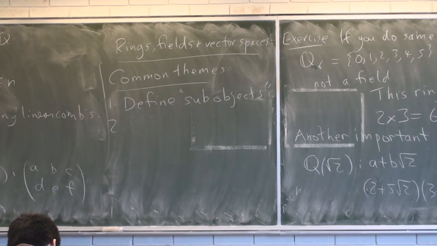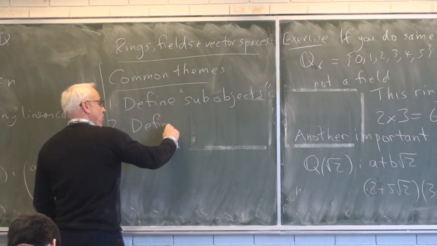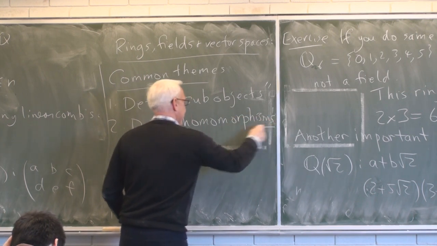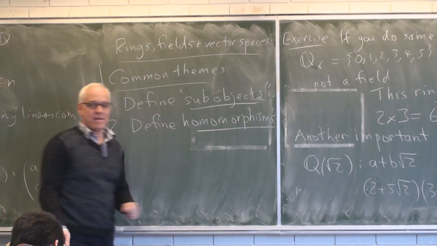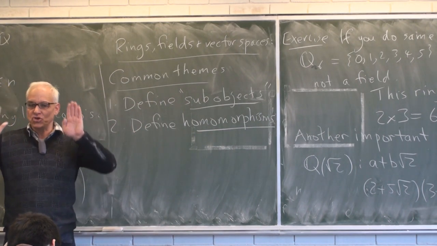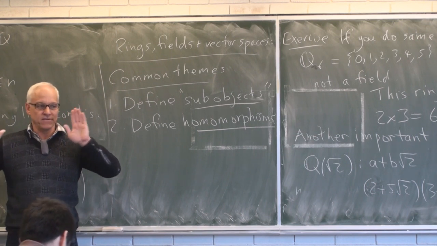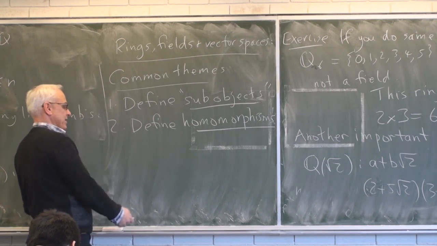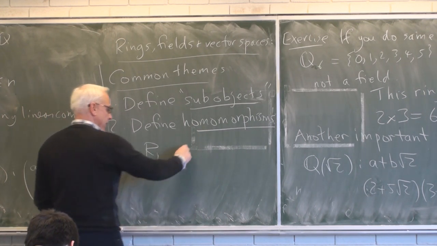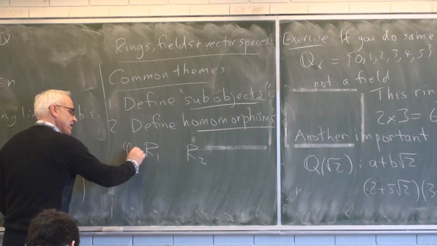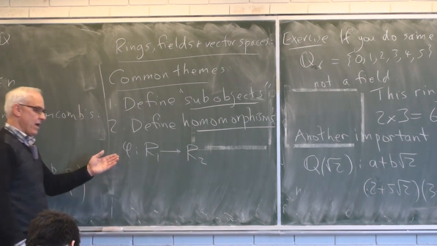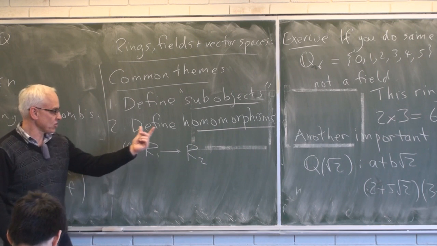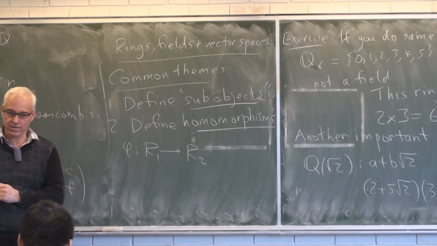Another very important thing that one has to do is define homomorphisms. So a homomorphism is a way of relating two objects of the same category, of the same kind. All right, so if you have two rings, R1 and R2, then you might be interested in a map or a function which takes elements from the first ring and gives you elements of the second ring.